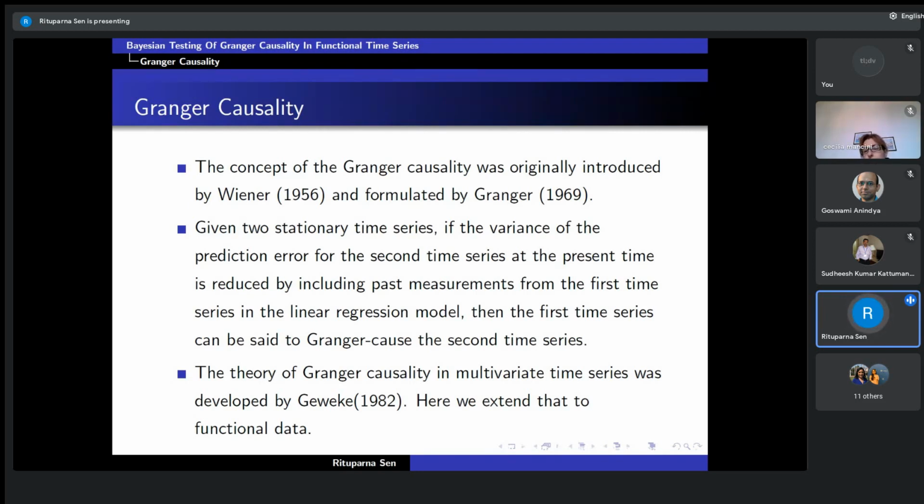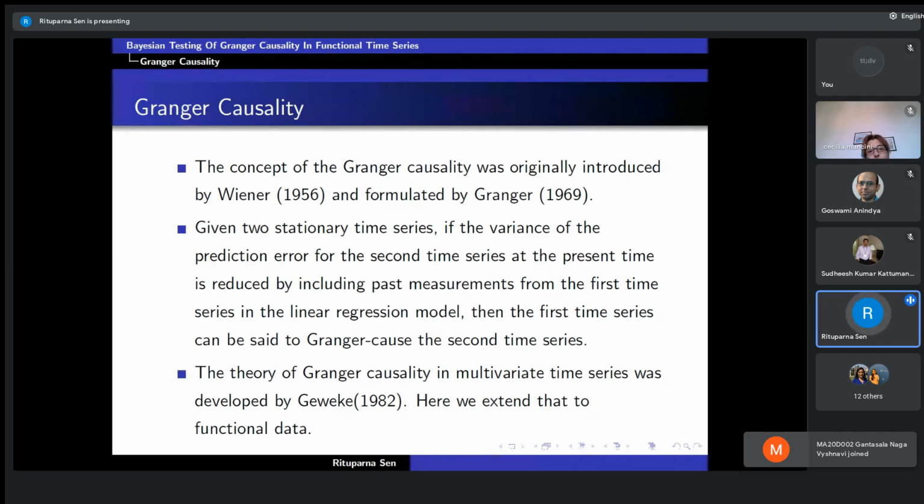Notice that this is different from correlation. For predicting the value of yt plus 1, we are not looking at xt plus 1. We are looking at values of y until t and values of x until t. That is how it is different from correlation analysis. So we are looking ahead in one of the variables and not in the other.